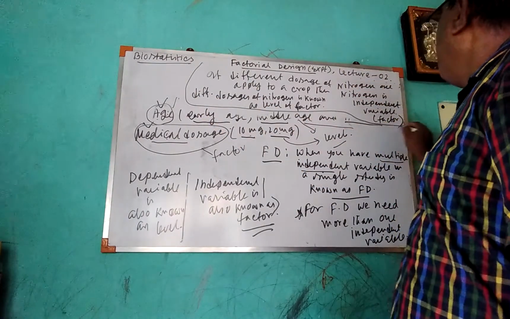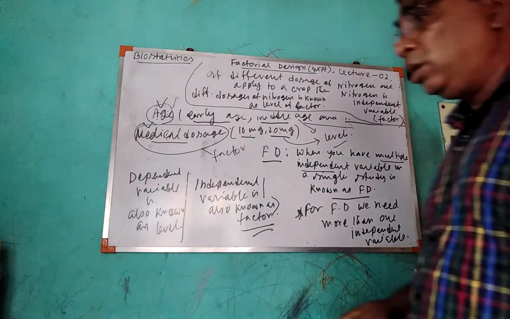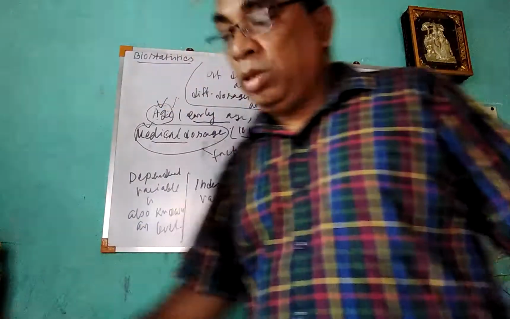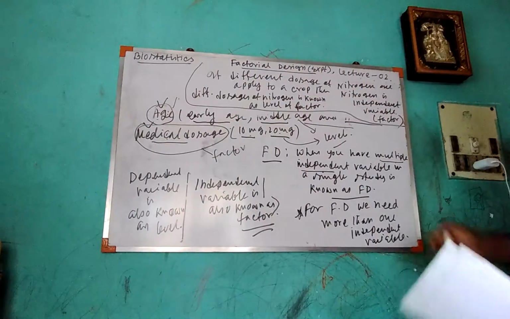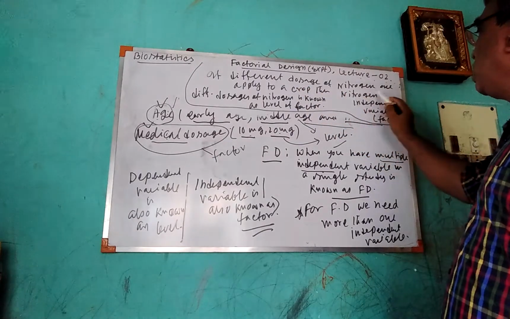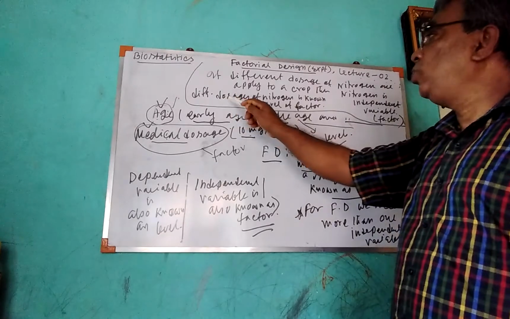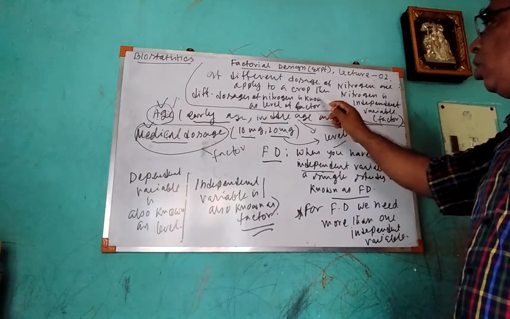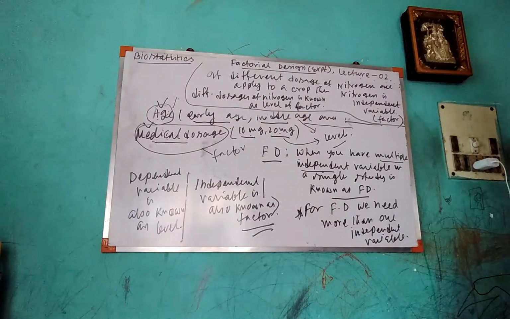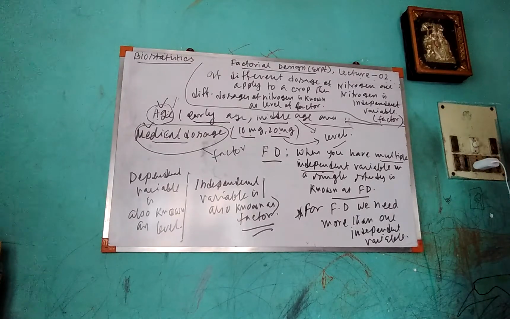Once again, I am repeating: if different doses of nitrogen are applied to a crop, then nitrogen is the independent variable, that is, the factor. And different doses of nitrogen are known as levels of the factor.